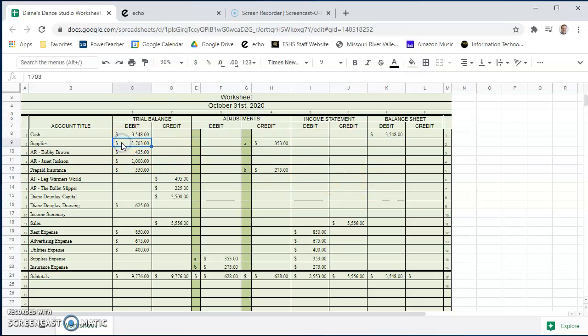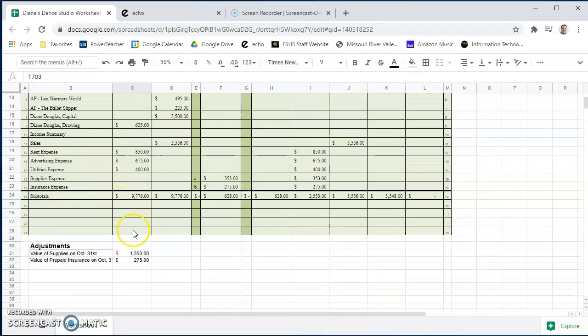Now supplies is slightly different because supplies has a trial balance and then it also has an adjustment. The balance in the trial balance is a debit and the adjustment was a credit. Because these are opposites, debits and credits, we have to subtract these two numbers. So 1,703 minus 353 should equal 1,350.